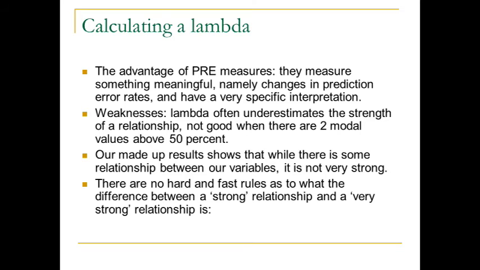However, a weakness of lambda is that it often underestimates the strength of a relationship, and it's really not a very good measure when there are 2 modal values above 50% because of the way the math works. Our made-up results show that while there is some relationship between our variables, it's not very strong. Sex is not a good predictor in this made-up example of how a student would rate their health.